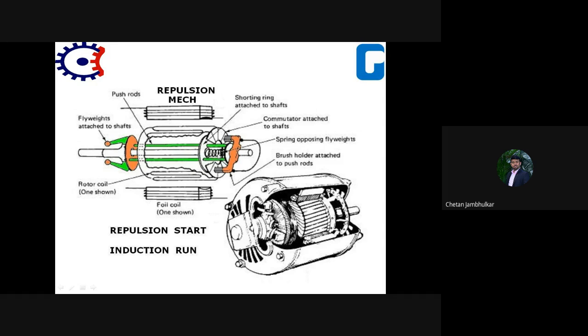This is the spring opposing the flyweight, so no jerk will be there, that's why we use this spring. This is the brush holder attached with the push rod. So this is the repulsion mechanism which is used.